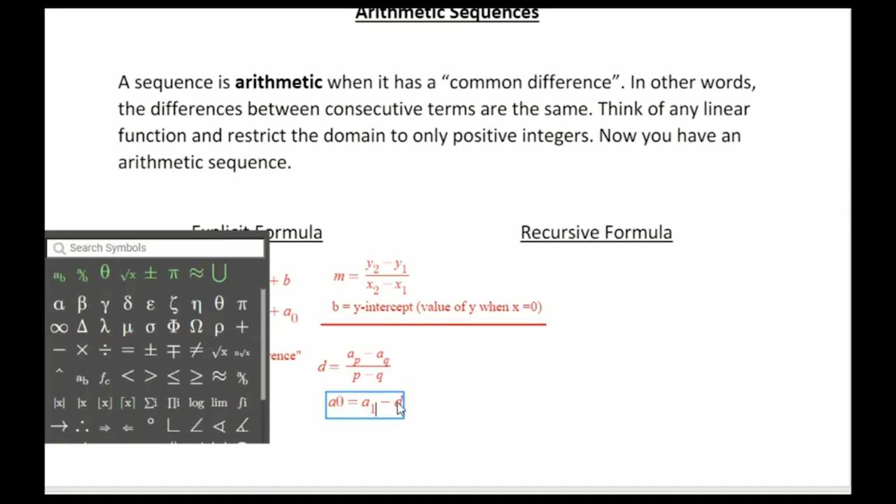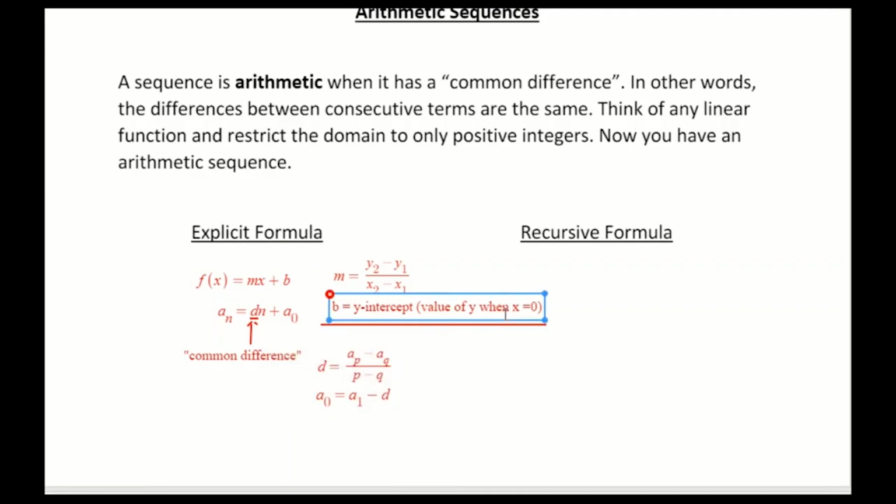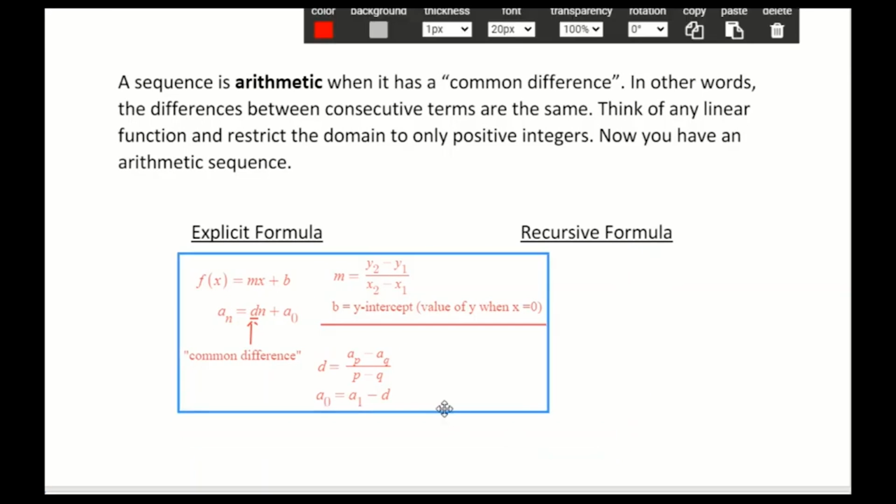Now, if we don't know a sub 1, we might have to change gears a little bit, but that's how you're going to find that a sub 0, which is basically playing the role of the seed value when we get to the recursive part. Okay, so let's take a look at the recursive formula.